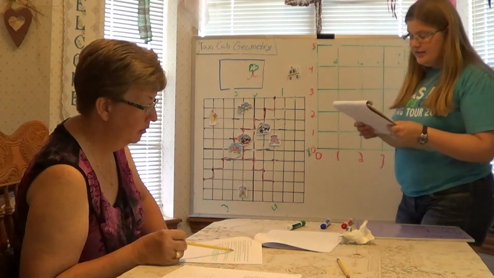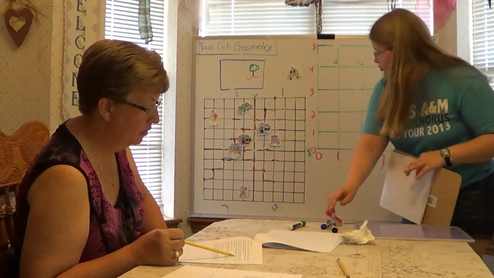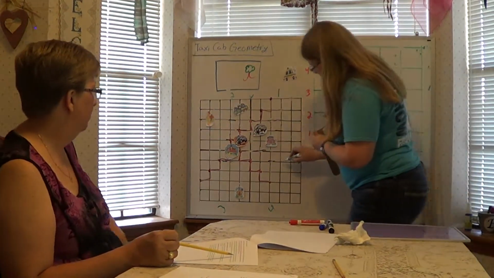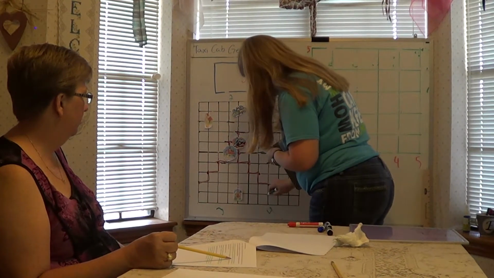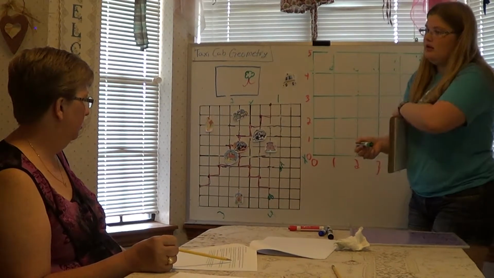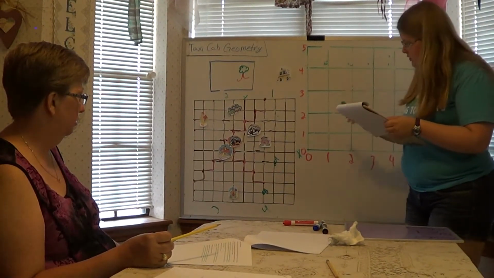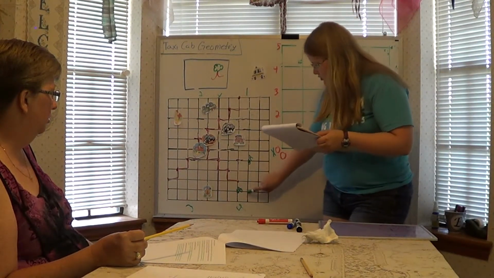So can anyone tell me the distance between points A and B? Okay, so what is the distance between A and B? 4. All right, let's count that to make sure. 1, 2, 3, 4.